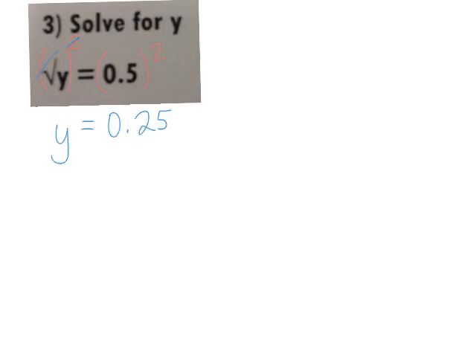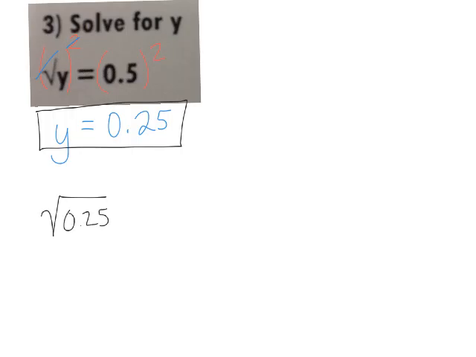So here's my work that shows that I squared both sides. The squaring cancels the square root, and I got 0.25. However, remember, with radical equations, it is possible to have something called an extraneous solution, so we do need to check to be sure that our solution works. So go back to the original problem. It says the square root of y, but I'm going to substitute y with 0.25.